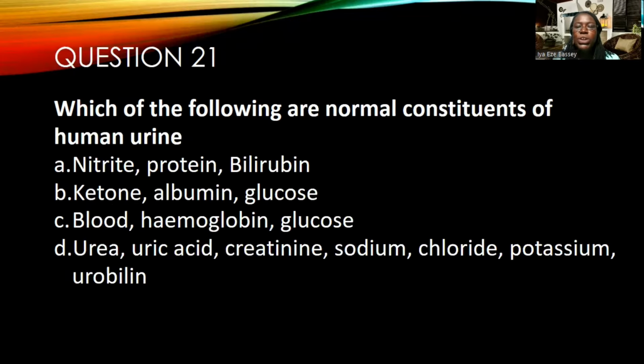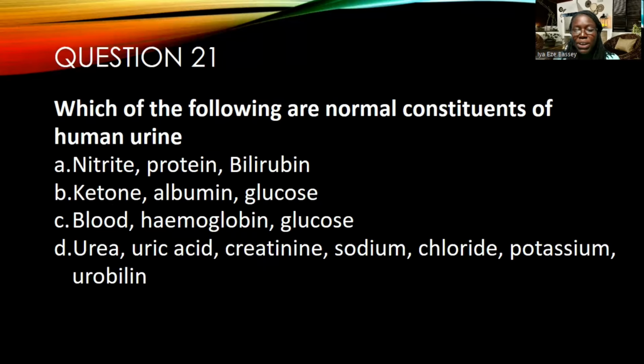Question 21. Which of the following are normal constituents of urine? I would need for you to look at these answers critically. When you see questions like this, they're usually trick questions. So you have to look at them very carefully. A, nitrite, protein, and bilirubin. Those three are abnormal. Ketones, albumin, and glucose. Those three are also abnormal.